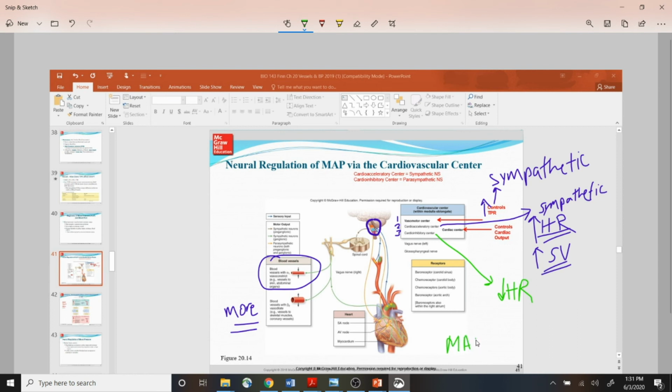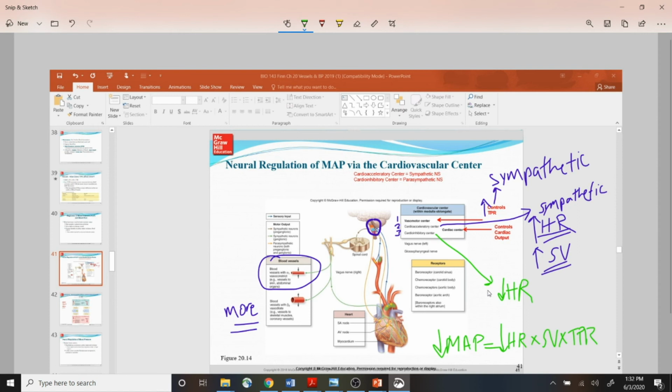Just as those three things can increase mean arterial pressure in blue, the parasympathetic system can only control heart rate. So when the cardioinhibitory center is activated, the only thing that's going to happen from the parasympathetic side of things is heart rate is going to drop and mean arterial pressure will drop back to normal. We're going to talk about stroke volume and total peripheral resistance indirectly in a second.